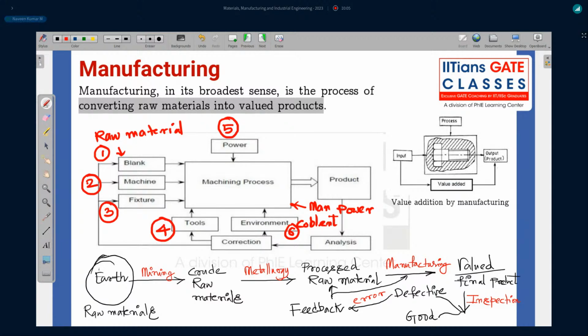Then once all these inputs are given to the machining process, you'll get a valued product. This is your valued product, which has some value at the end. And once you get the valued product, you come down and do the analysis. This analysis is nothing but inspection.